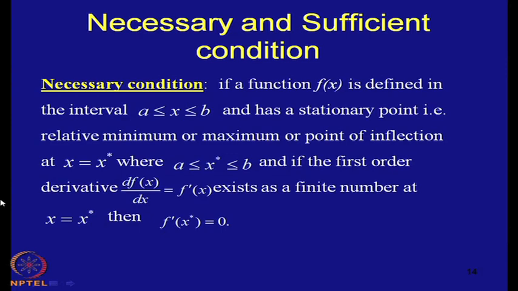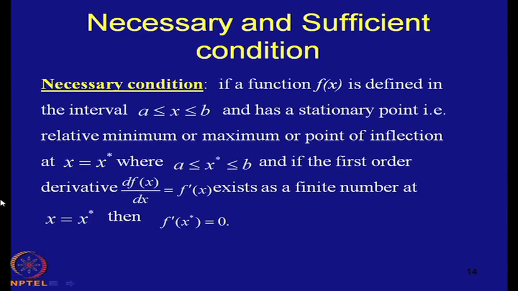The necessary condition tells us that if a function f x is defined in the interval a to b and has a stationary point, that is relative minimum or maximum or the point of inflection at x equal to x star, where x star is also a member from a to b, then the first order derivative of f x at that point x equal to x star would be equal to 0.